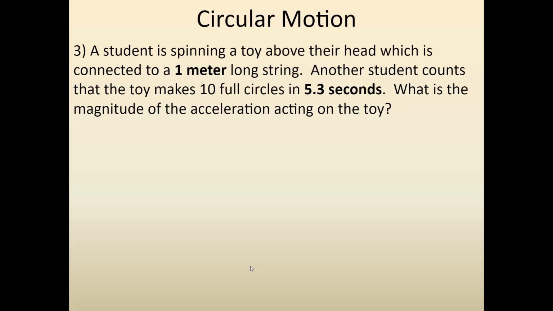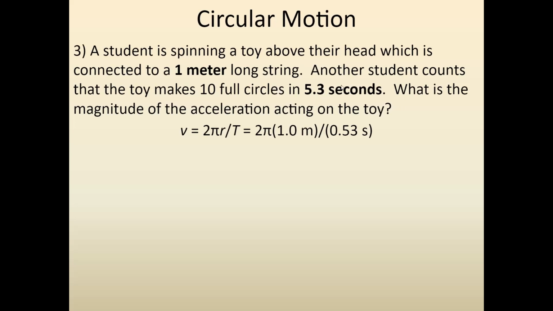All right, so I'm just trying to show you a variety of different ways that they can ask these acceleration questions, where it's not all just here's the velocity, here's the radius. Here, once again, they give us the radius, but they tell us that it makes 10 full circles in 5.3 seconds. So again, we're going to use that velocity equation first, where we do 2 pi r over 0.53.